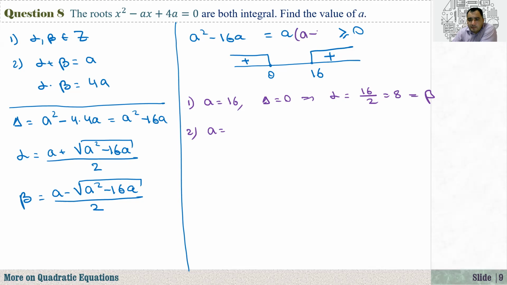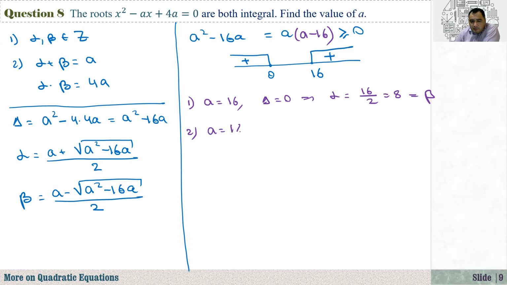So this is a times a minus 16, right? When a is greater than 16, it is positive. Less than 0, again, it is positive. Between 0 and 16, like for example 5, it is negative. All right, so this a times a minus 16.